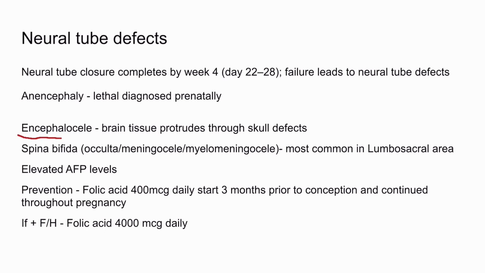However, anencephalocele occurs when brain tissue protrudes through the skull defect. Depending on the severity, spina bifida is classified as occulta, meningocele, and myelomeningocele. In occulta, skin completely covers the underlying defect.